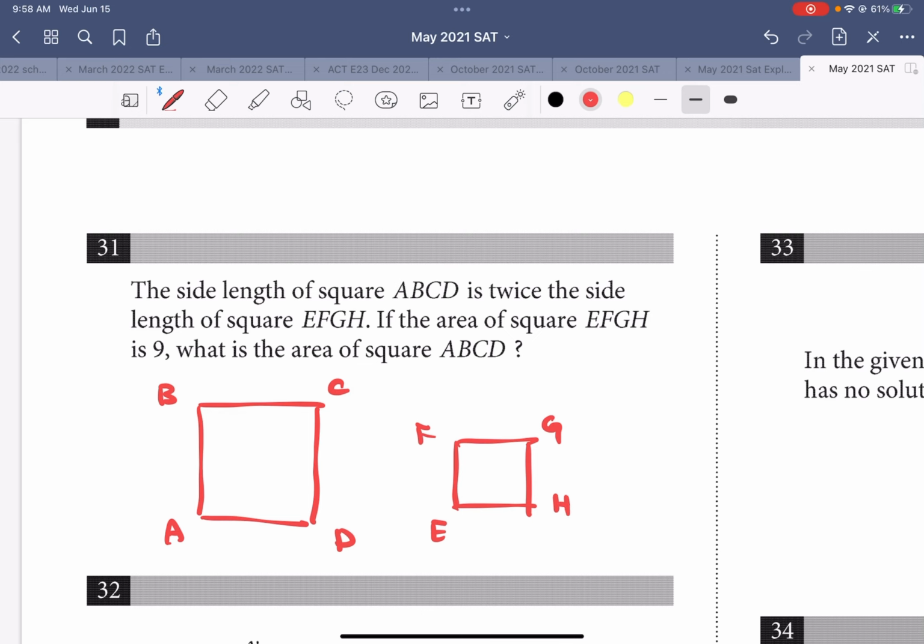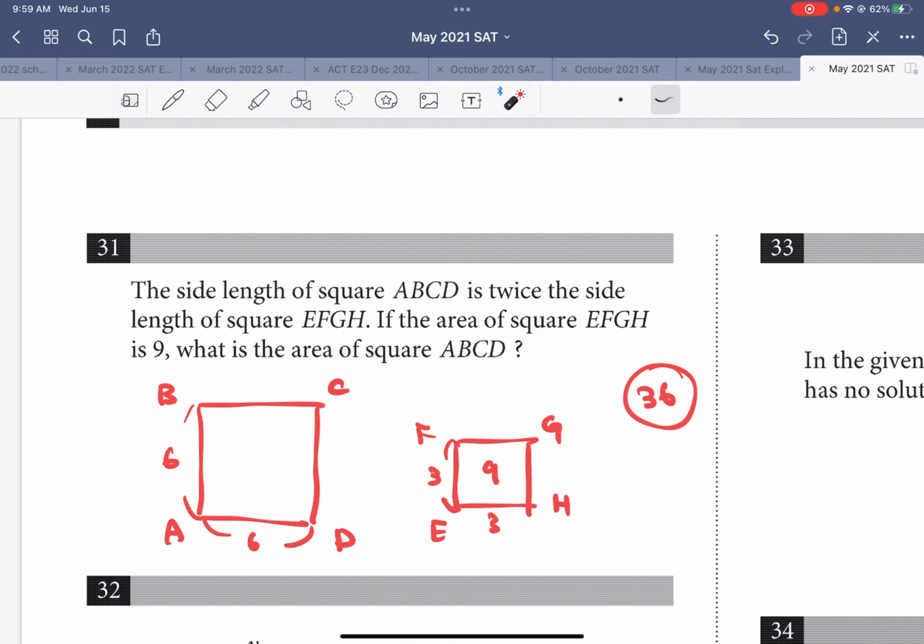Remember that AB is twice compared to EF. The area of square EFGH is 9. So that means 3, right? 3 times 3 is 9. So twice of that, 3 is 6 here. And this is also a square, so 6. What is the area of ABCD? Then 6 times 6, 36 will be the answer.